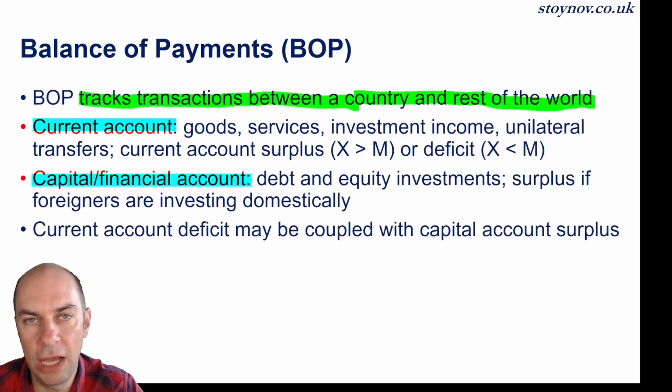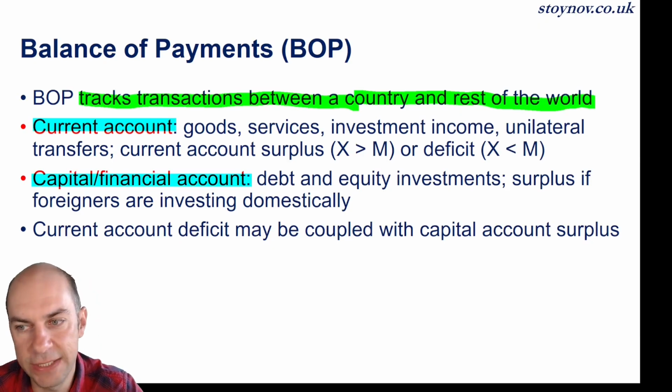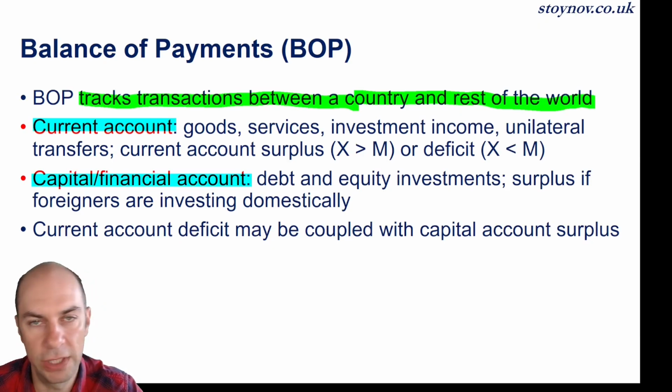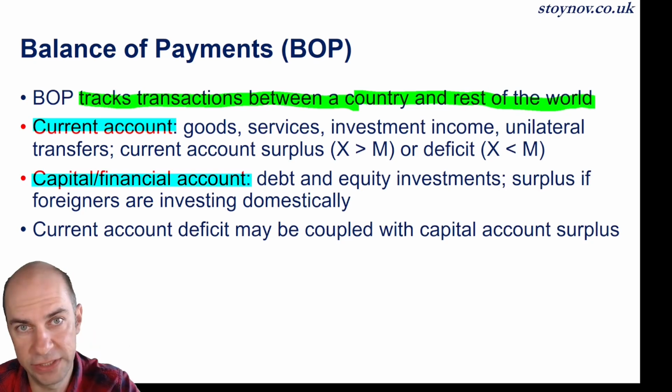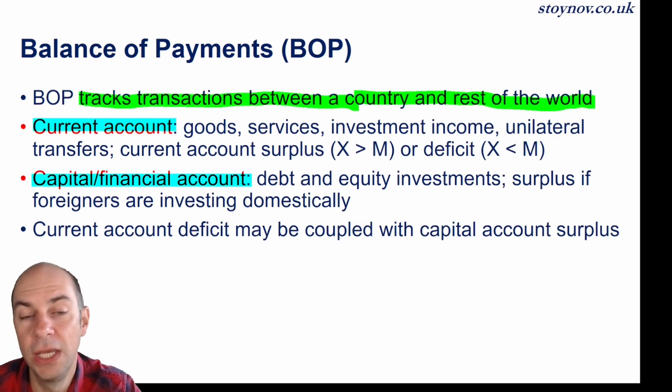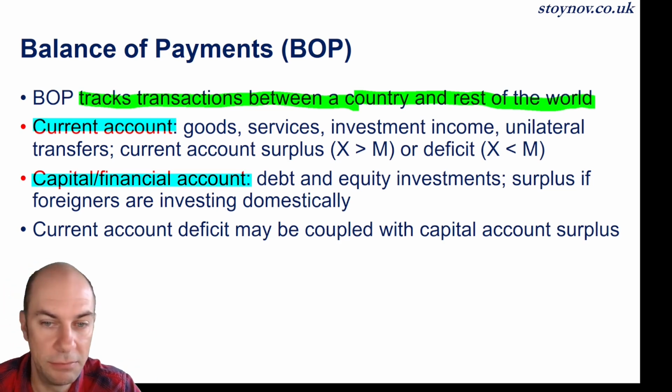The current account looks at goods, services, investment income, and unilateral transfers. Goods and services are just the exporting and importing of those goods and services. Investment income: if I've made investments abroad, say I bought houses abroad and get rental income coming back to me because I reside in my country.